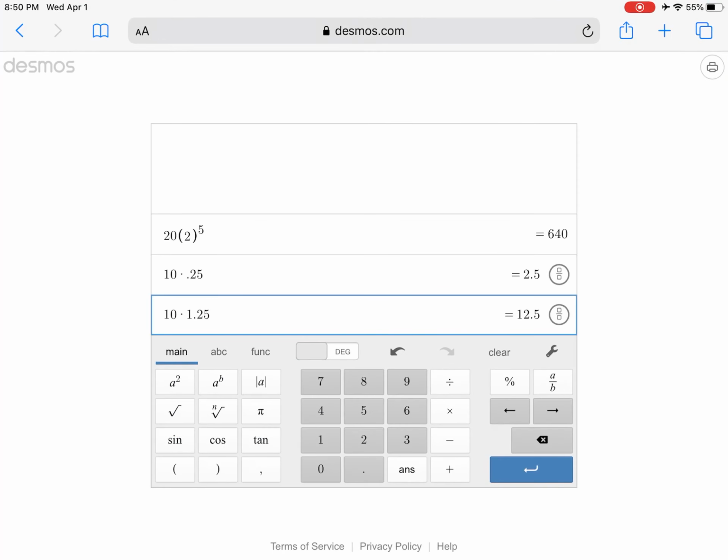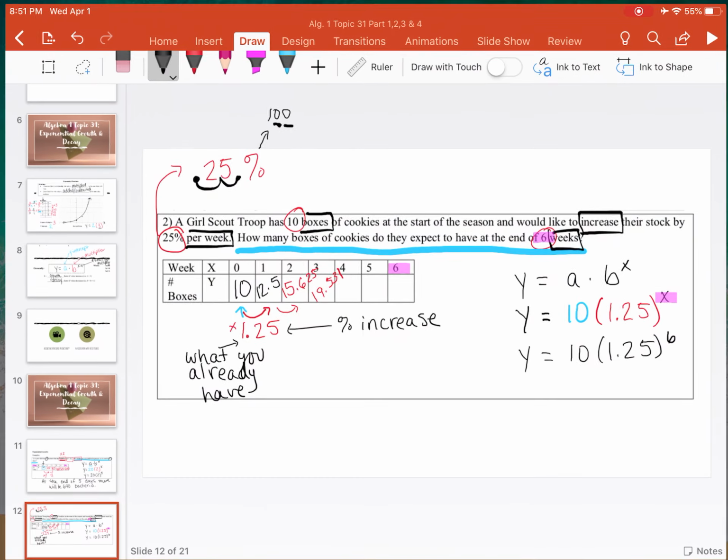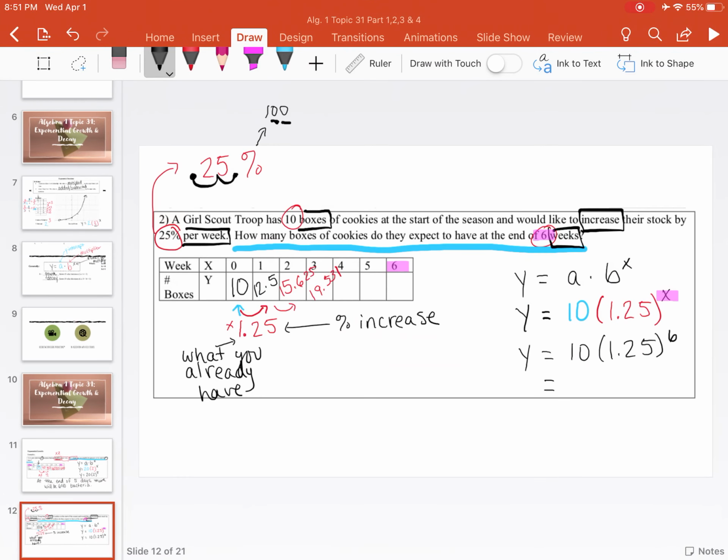So let's plug that in. 10 times 1.25 raised to the 6th power. We get 38.14697266. So let's round to the nearest thousandth. And we end up getting 38.147.